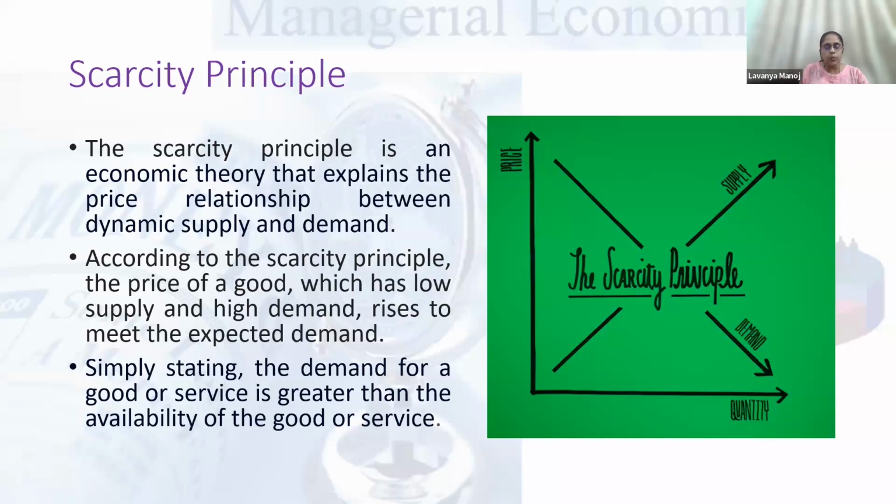So, making use of the situation. This is actually bad from the consumers' point of view. Say, for example, in times of COVID, in times of Corona shutdown, the cost of the milk bottle or milk packet in a few cities in India.